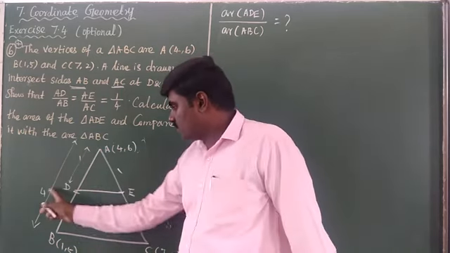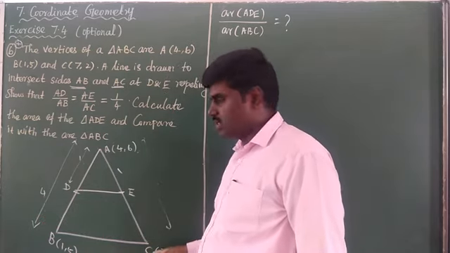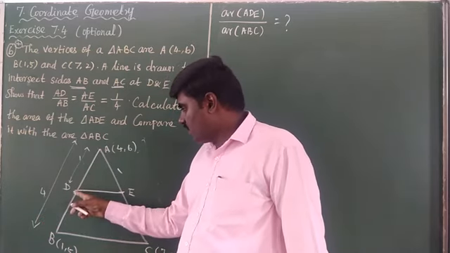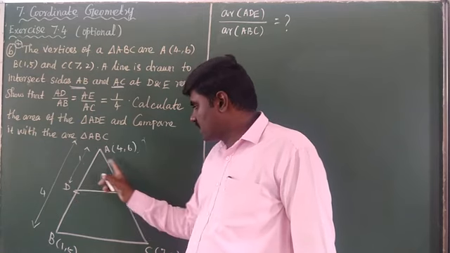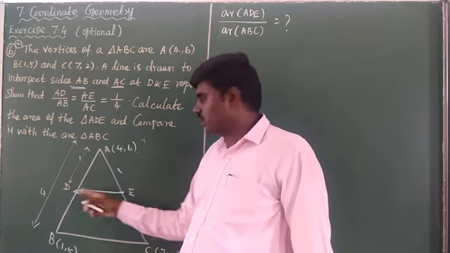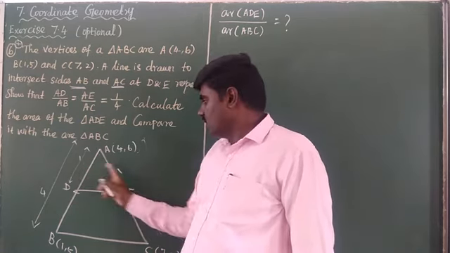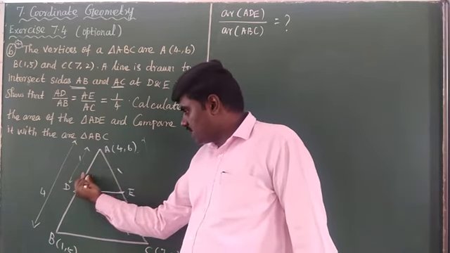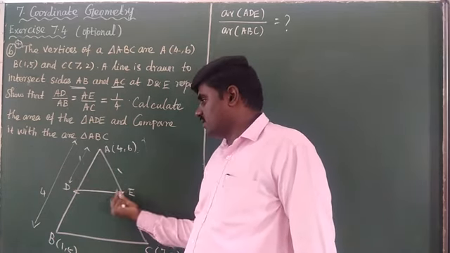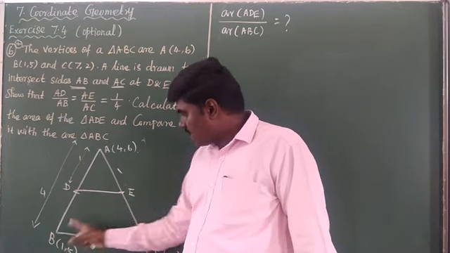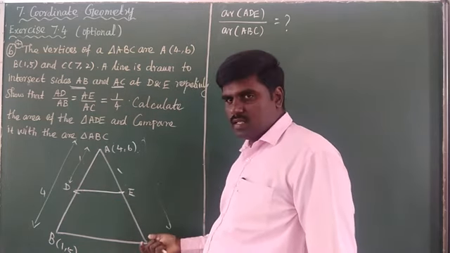AB length 4, again AC length is equal to 4. Sides are equal. Again, the points D and E intersect the same sides. Here the length is equal to 1 unit, and here the length is equal to 1 unit. The two sides AD and AE have lengths equal to 1, and AB and AC have equal lengths of 4.